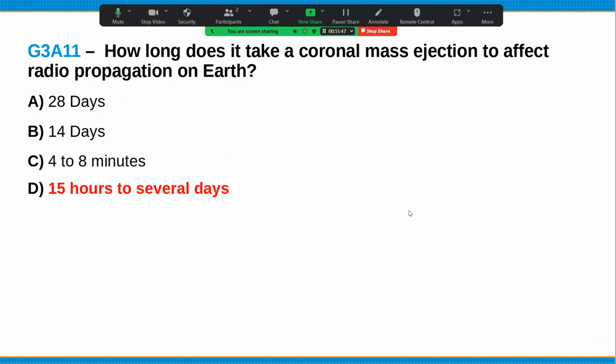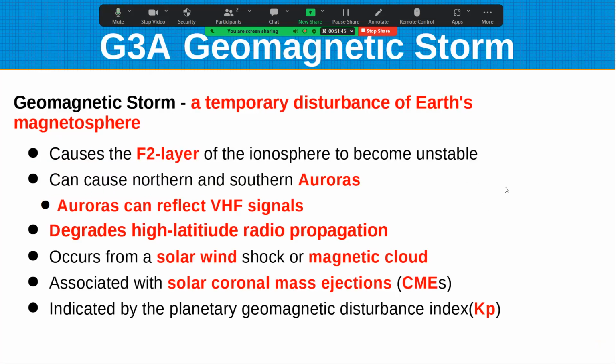I'm not sure why they changed it. That's one of the things they've done, they've reworded an awful lot of the questions. Same answer, but the question can sound totally different.